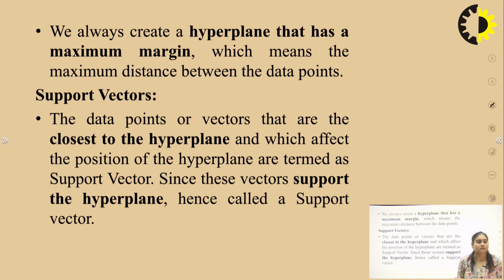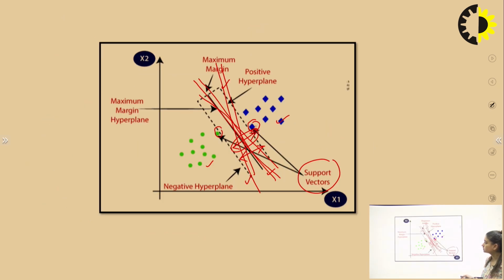Now, support vectors. Support vectors are the data points which are closest to the hyperplane, and I already discussed how to choose these particular data points. This data point is selected because it is very near to the opponent class data points in comparison to all these other data points, and we select this particular data point because it is very near to the opponent class in comparison to the others.